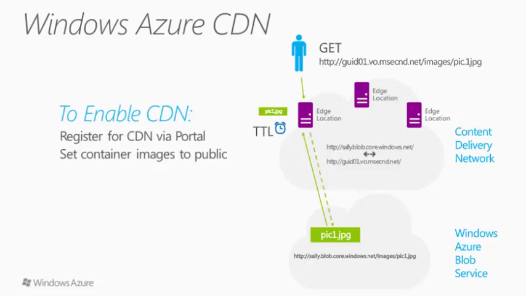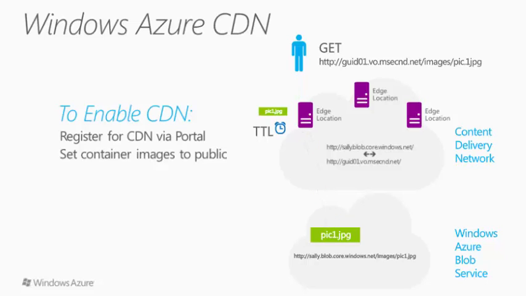And Microsoft will cache this file here for some limited amount of time, and you are able to configure this TTL parameter, and this file will be returned to the user from the edge location, not from the original storage, but the user will obtain a cached copy.